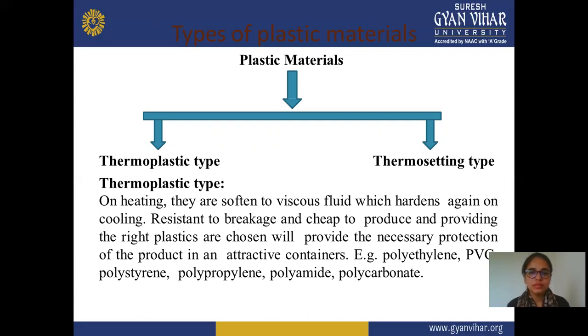In the thermoplastic type, on heating they are softened to a viscous fluid which hardens again on cooling. This means you prepare thermoplastics with the help of heat. When you heat at a particular temperature it melts, but it gets hard when you cool it.